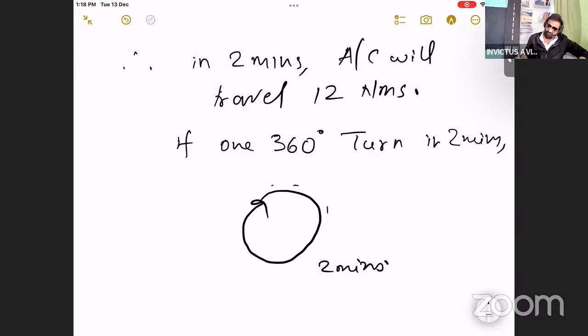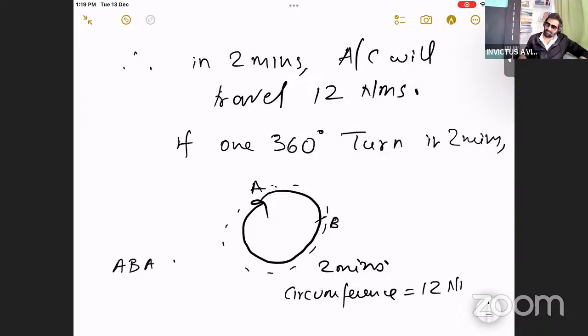It means the circumference. This is the circumference, right? A, B, A, like this. So the circumference of this turn is equal to 12 nautical miles in this case.